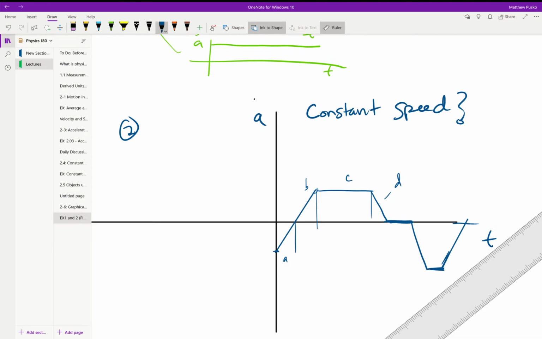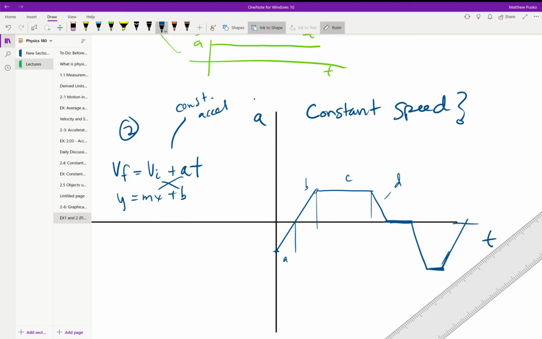So, if you remember from one of our basic kinematic formulas, we have Vf is equal to initial velocity plus acceleration times time, and this is for constant acceleration only. Then we see this looks a whole lot like y equals mx plus b, right? Just swap those terms around.